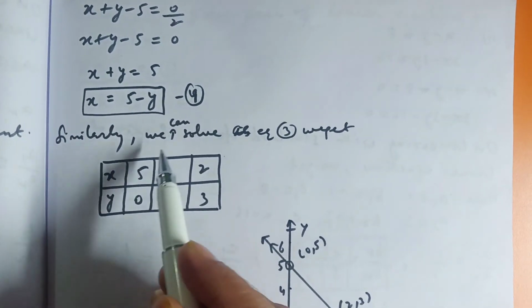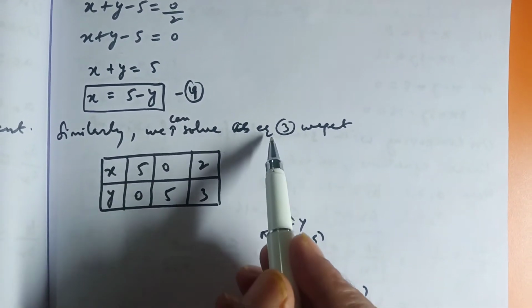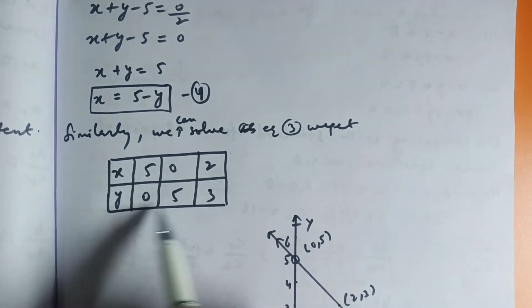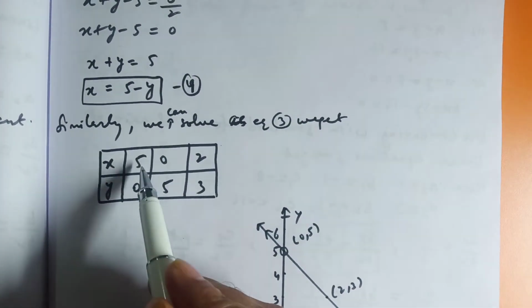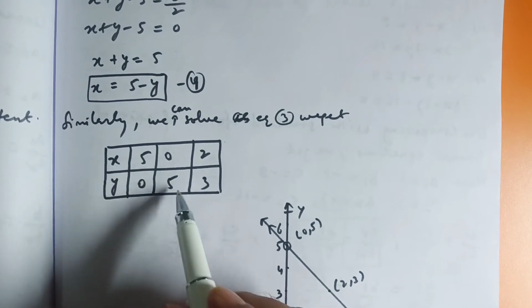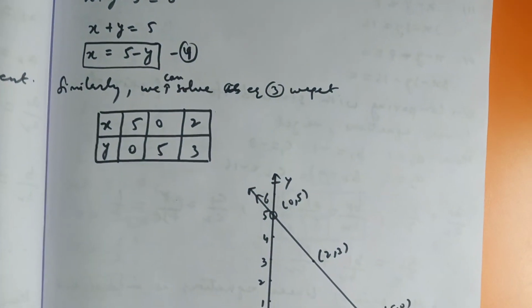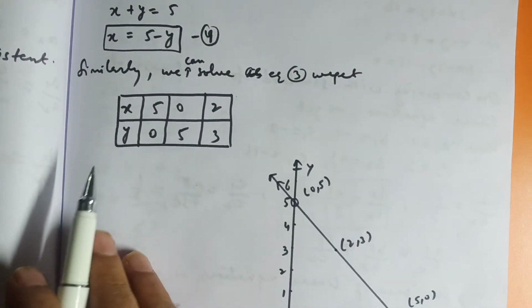Equation 4. Similarly, we can solve as equation third. We get the values of x and y: 5, 0; 0, 5; 2, 3. These are the coordinates of x and y of equation 4th and equation 3rd.